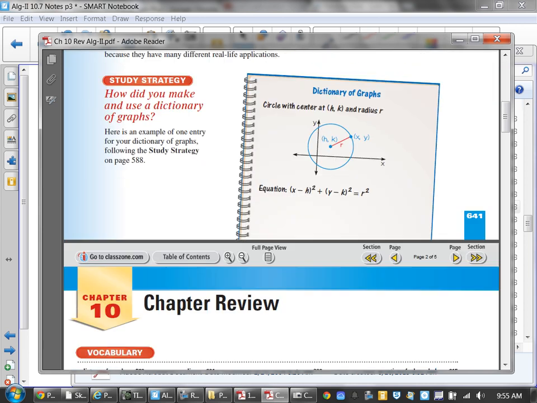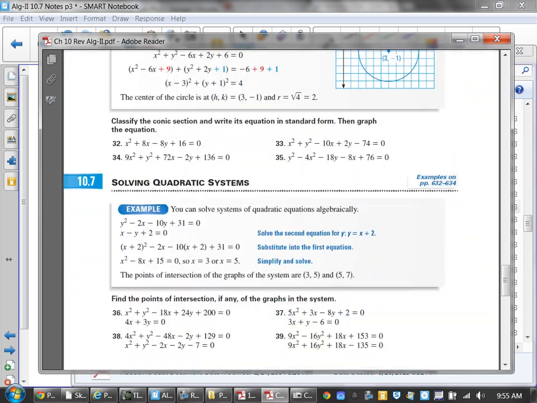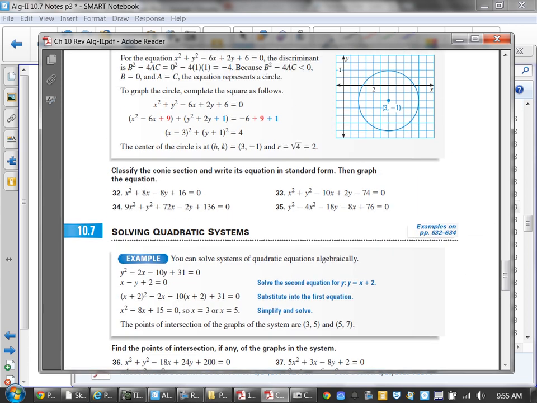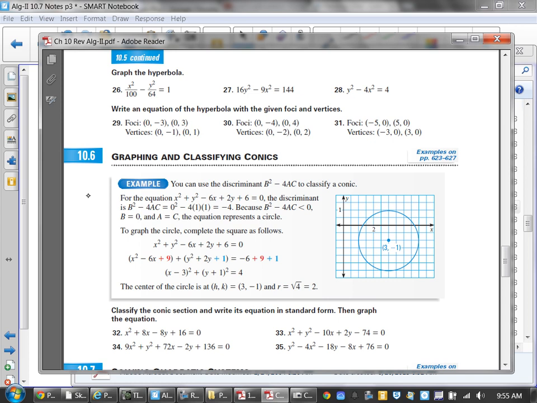Your book is 900 pages. If you go into that chapter review, really the only problem that is a hyperbola is 35, where you have to complete the square. And here are some focus and vertex problems with hyperbola, but they're not shifted. So that's just your general idea.